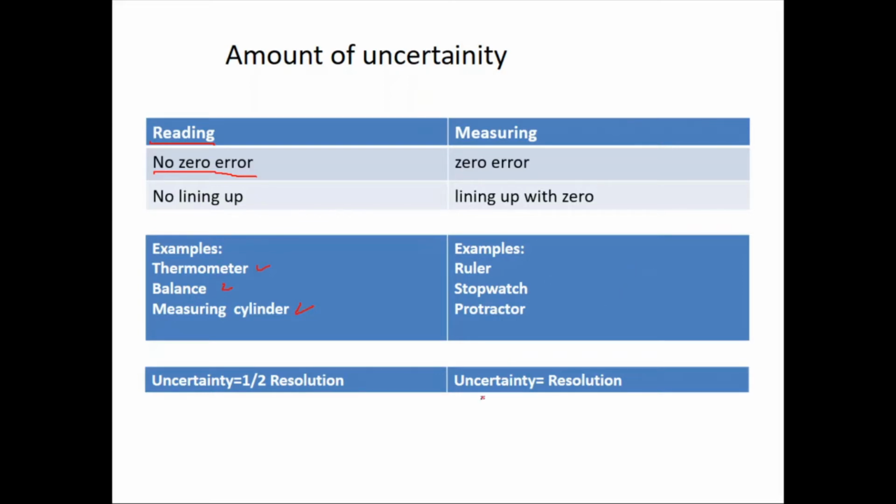In this case, the total amount of uncertainty will be equal to the resolution of the instrument. For example, measuring with the ruler, with a stopwatch or protractor, we are going to both read and also measure. That's why the amount of uncertainty will be equal to the resolution.